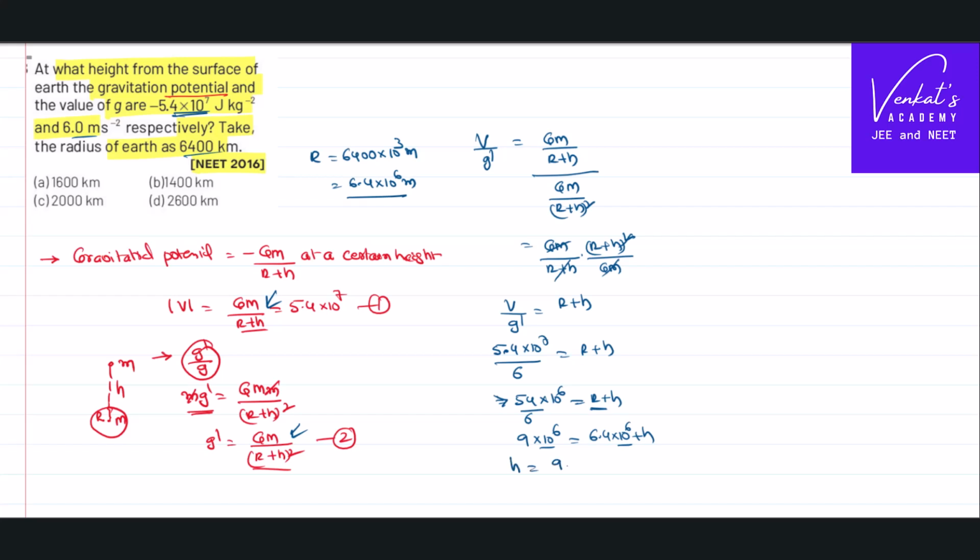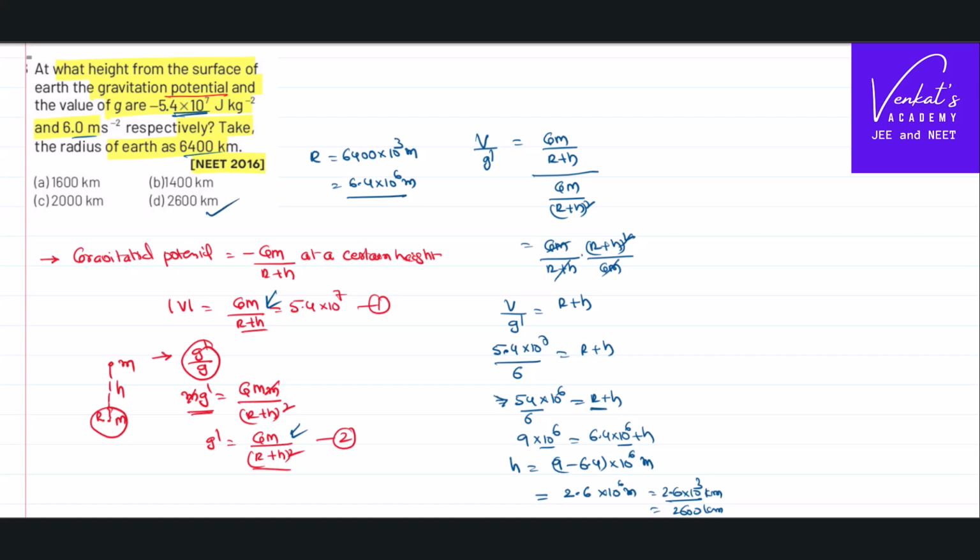So h equals 9 minus 6.4 into 10 power 6 meters. 9 minus 6.4 is 2.6, right? Into 10 power 6 meters, or 2.6 into 10 power 3 kilometers, which means 2600 kilometers. That's the answer for the problem.